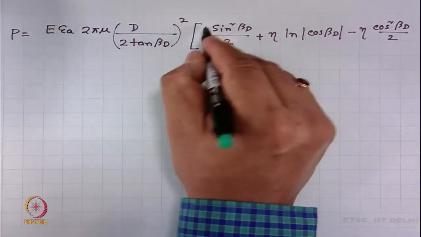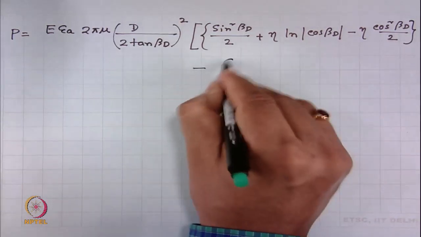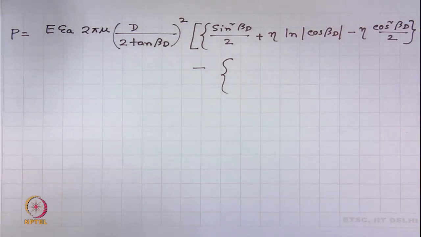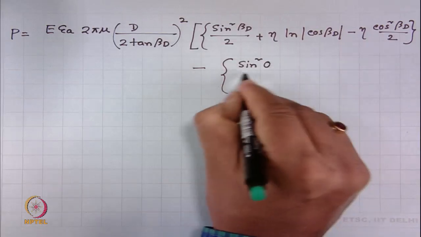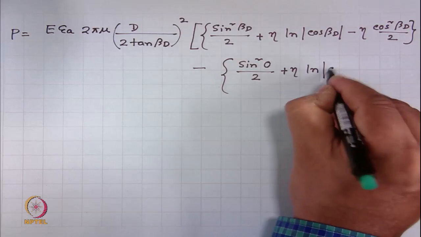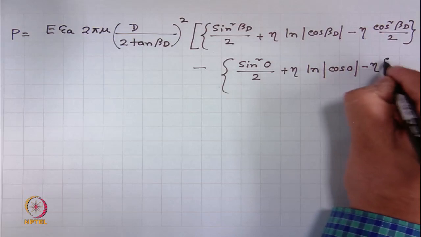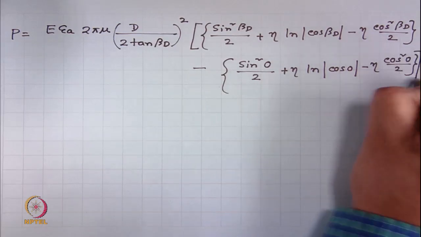This is the first part minus second part, sin square 0 by 2 plus eta ln cos 0 minus eta cos square 0 by 2.